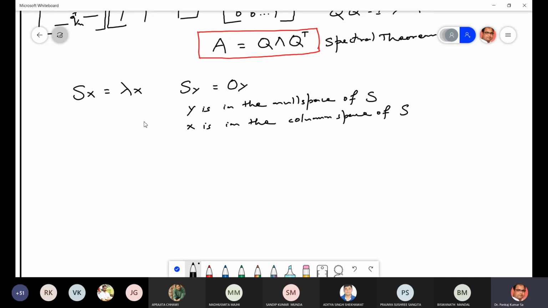Lambda is a scalar quantity, so 1 upon lambda is also a scalar quantity. So ultimately Sx is the governing term, and it's a linear combination of all the columns of S.